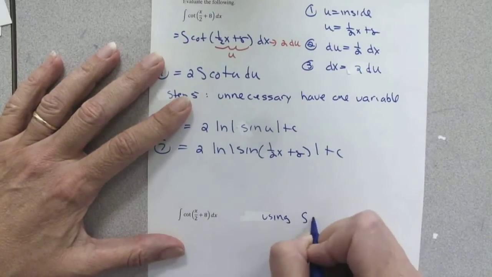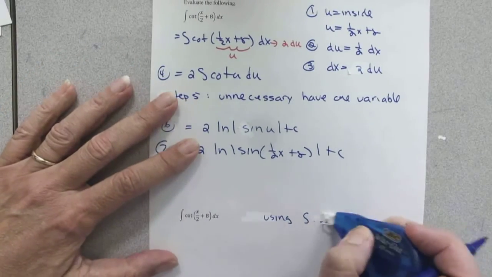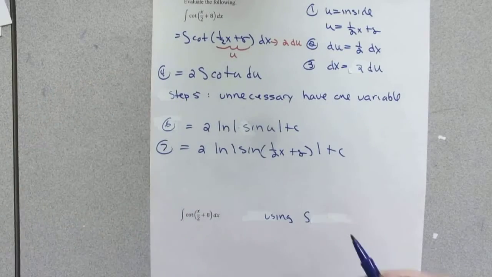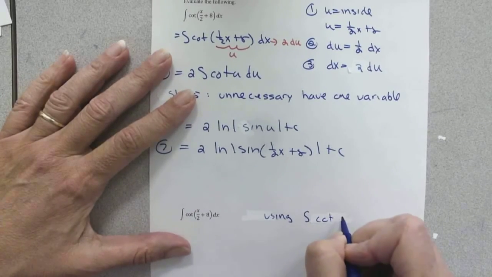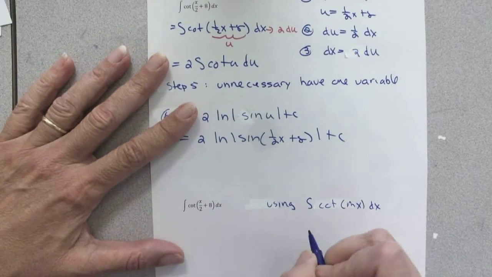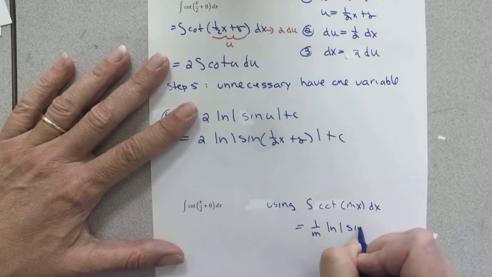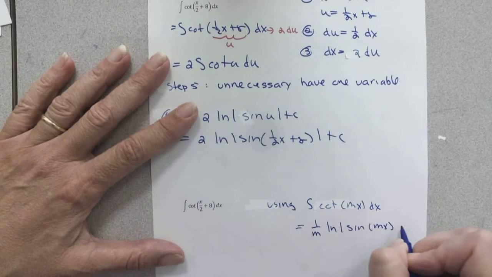So using that the integral of cotangent mx is just 1/m, the natural log of the absolute value of sine mx.